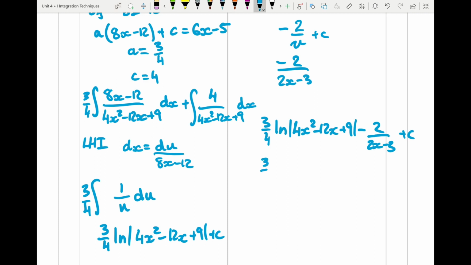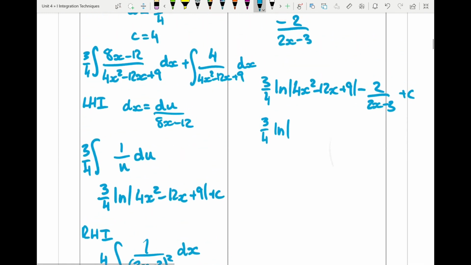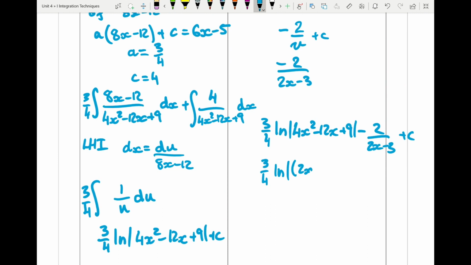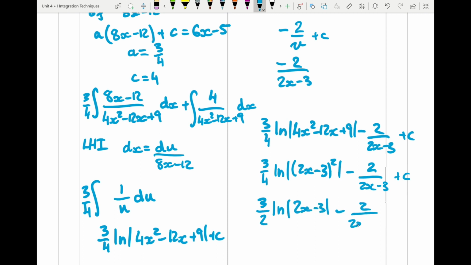So this can be written as natural log of, as we saw before, 2x take 3 squared, take 3, plus c. So drop that 2 out the front, we just get 3/2 natural log of 2x take 3, take 2 on 2x take 3, plus c, and that is our most simplified form.